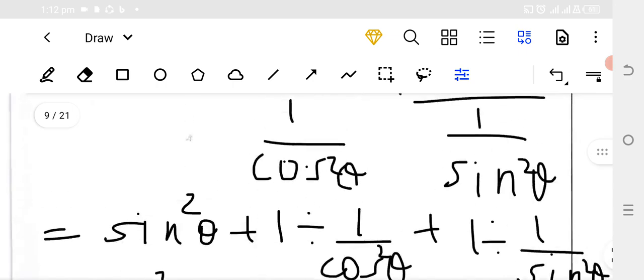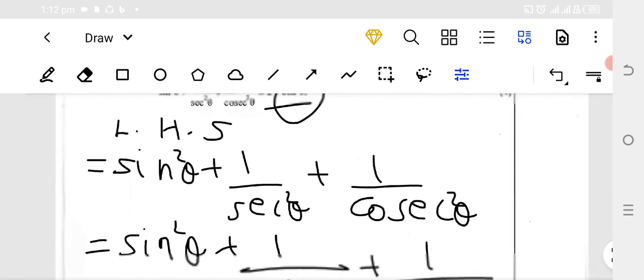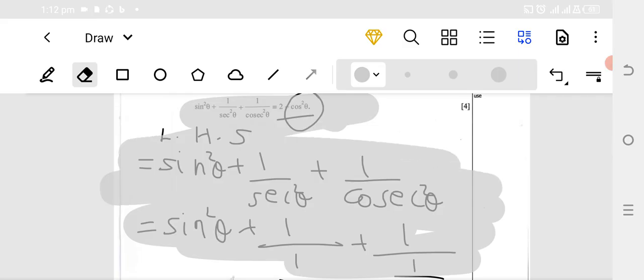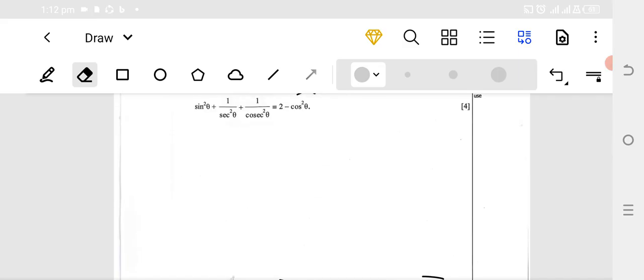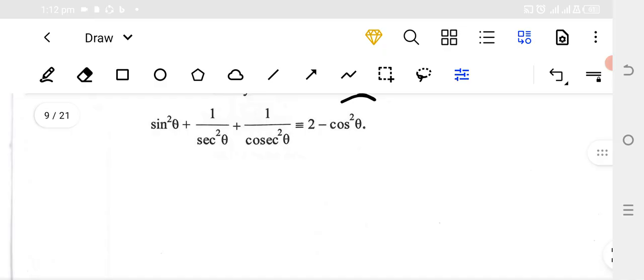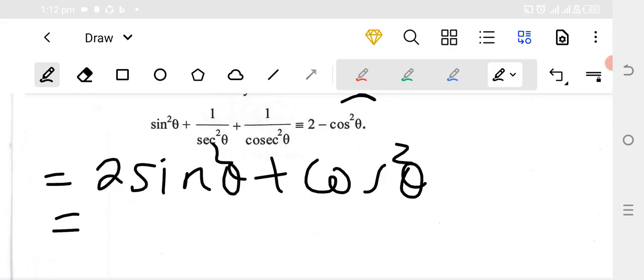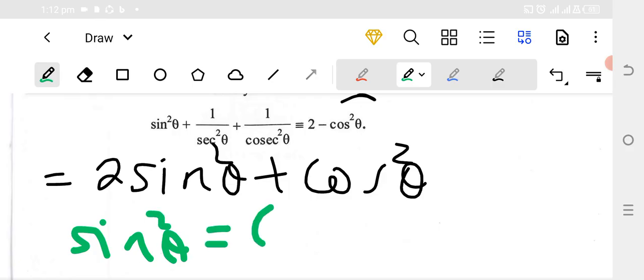So to continue, we are going to reduce so that we can clean up. Let's zoom in again. We are going to say it is equal to 2 sine theta squared plus cos theta squared. You need to know that sine theta squared is equal to 1 minus cos theta squared.